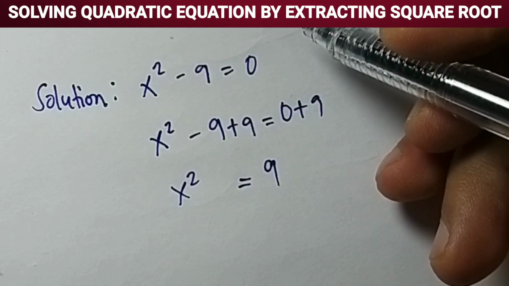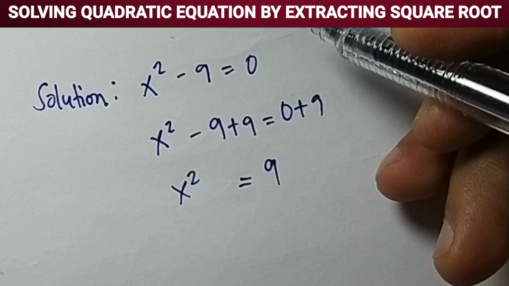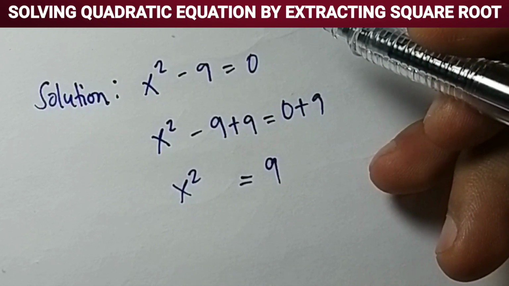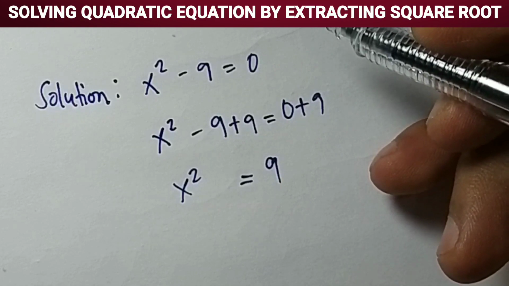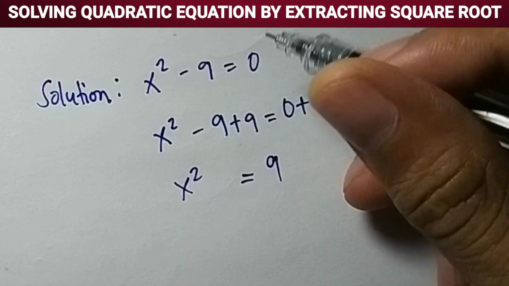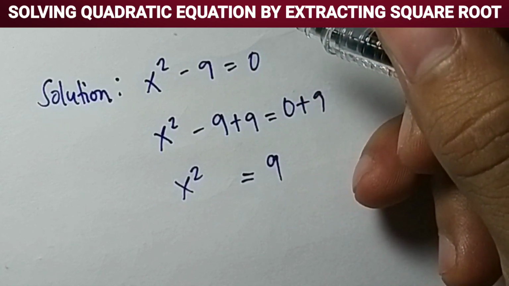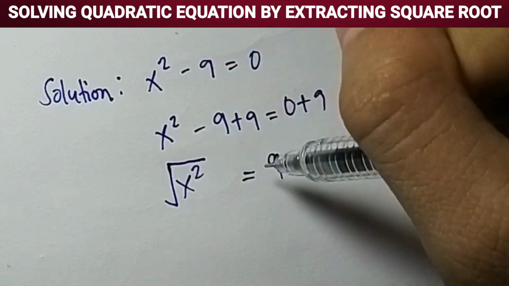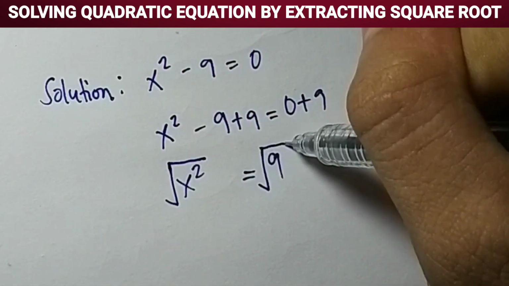So this time let's have extracting the square root. So ato nang i-extract ang square root of both sides. So unsay extract the square root? So ato ipakita og unsaon ang pag-extract sa square root both sides. So ato ni siyang i-square root diri both sides.